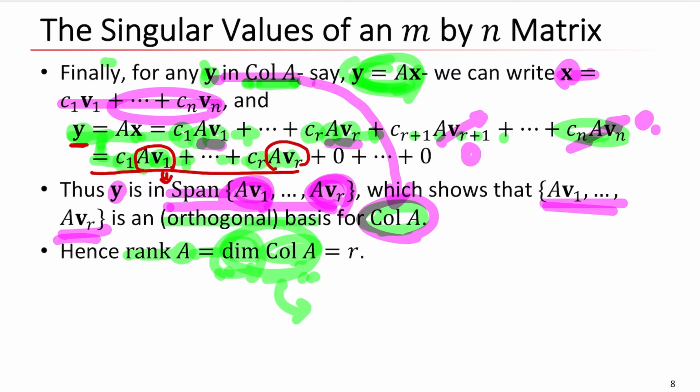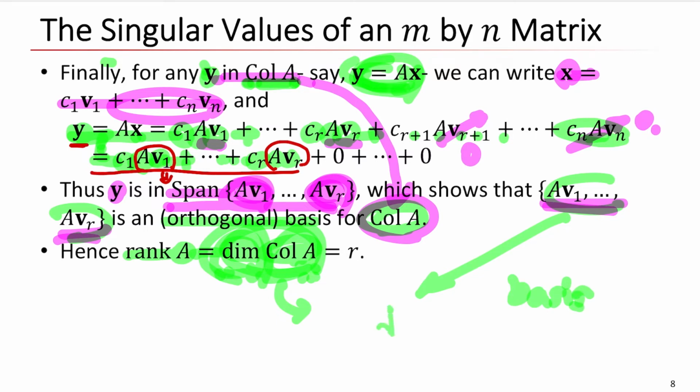The dimension is just the number of vectors in a basis for the column space of A. In this case, this set is the basis. So the dimension of this basis is what? r, right? The number of vectors in the basis. So in other words, the rank of A is just r.